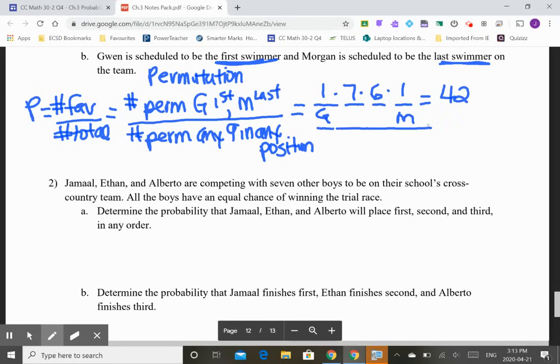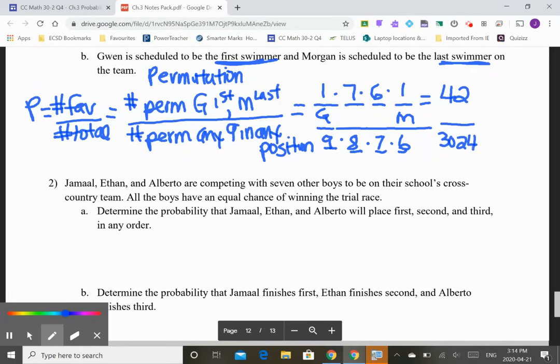In the denominator, we still have 4 blanks, but this time we can put any of the 9 students in any position. We have 9 choices for the first blank, 8 choices for the second, 7 choices for the third, 6 choices for the fourth. We multiply those numbers together, and our total in our denominator is 3,024.